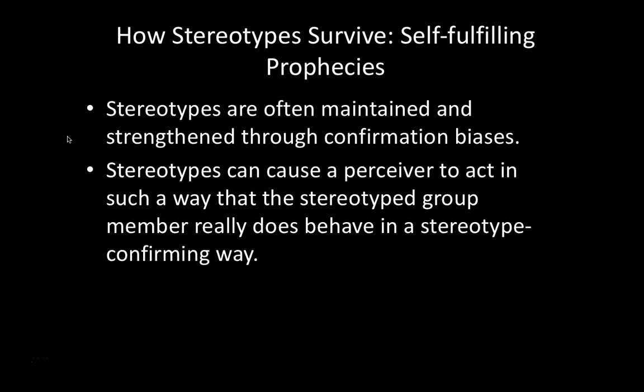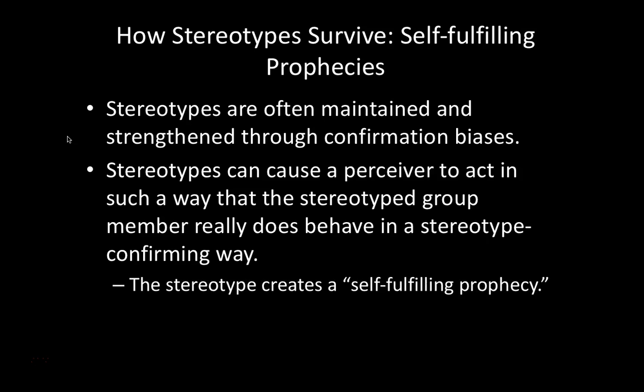That's what we call a self-fulfilling prophecy. So that's something that you should probably read more about, self-fulfilling prophecies. We've seen this in the course on a couple of occasions, especially early on.